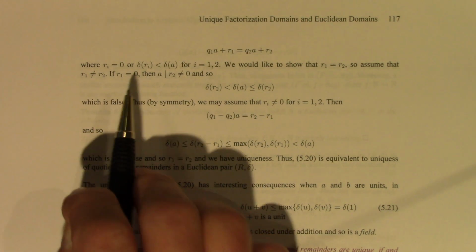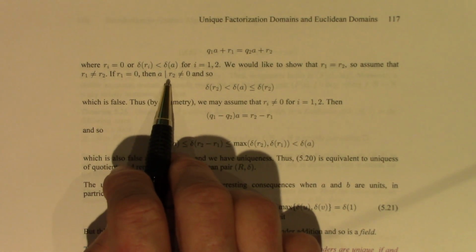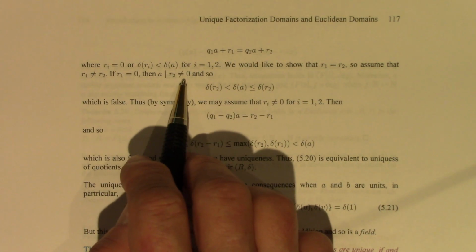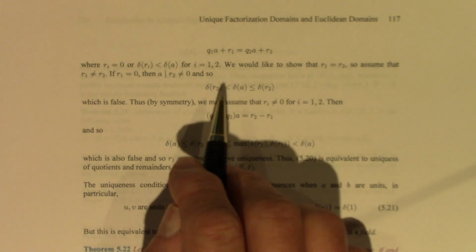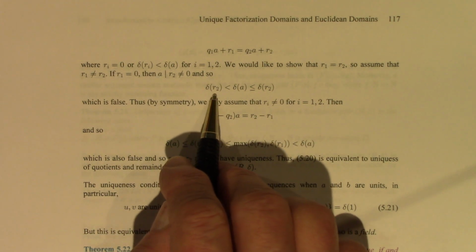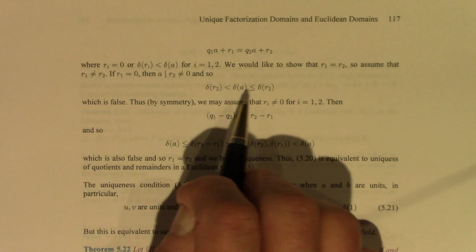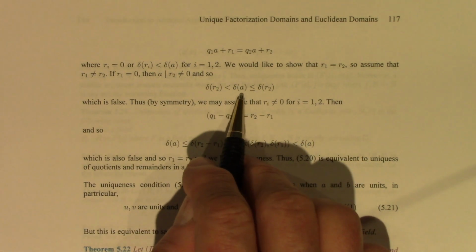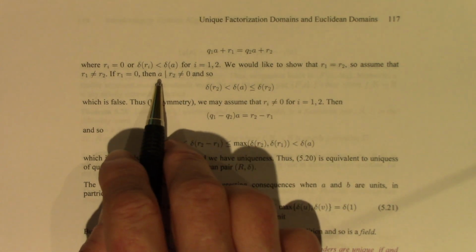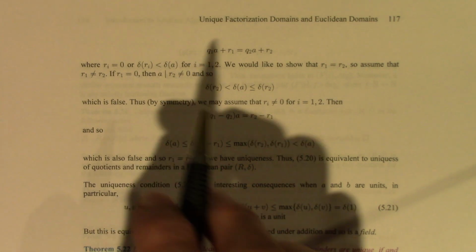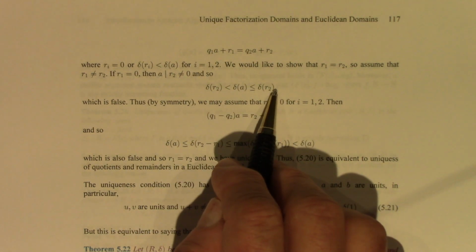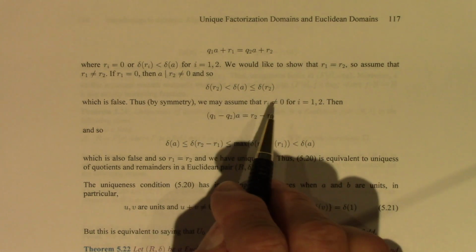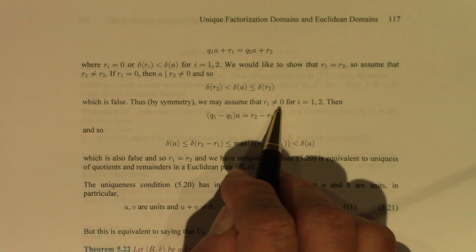If R1 is 0 over here, then A divides R2, and R2 is not 0. So norm of R2 is strictly less than norm of A. That's from here, and that's less than or equal to norm of R2 because of this, and that's false. And so, by a little bit of symmetry, we can assume that neither remainder is 0.